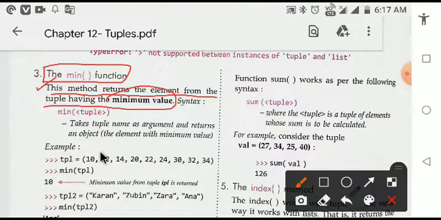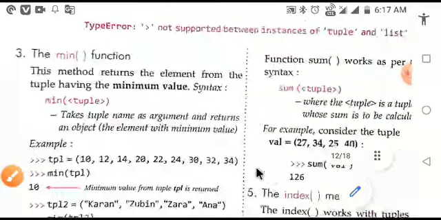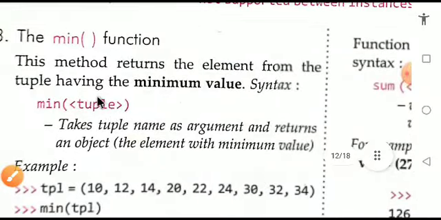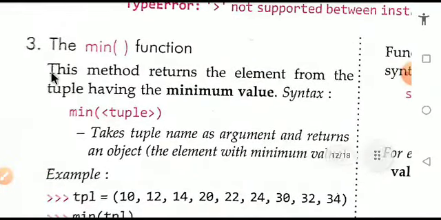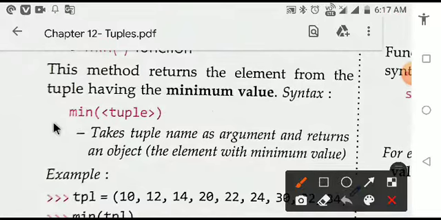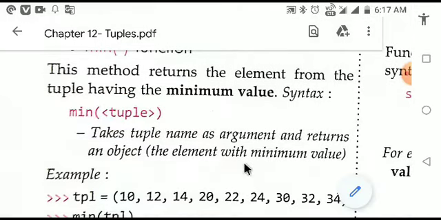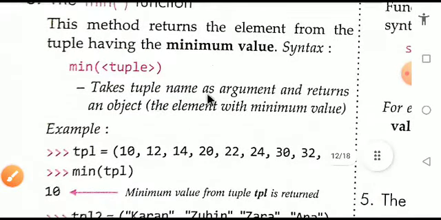Syntax: first you write min and then you give your tuple. It takes the tuple name as argument and returns the element with the minimum value.